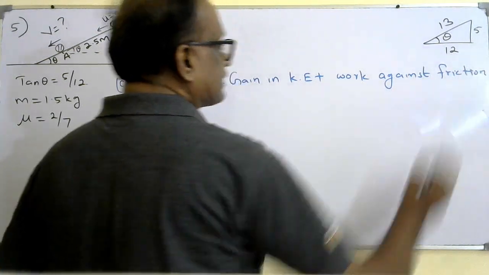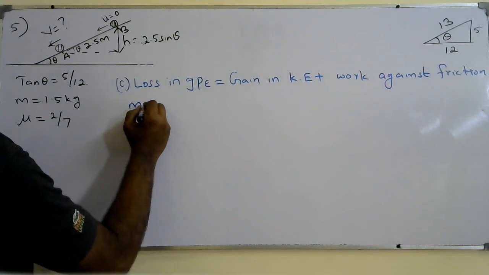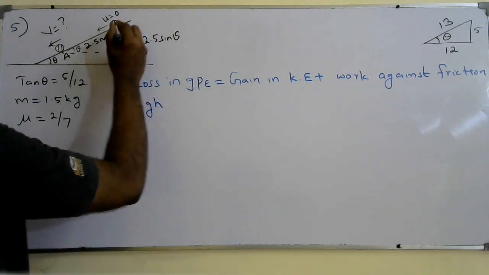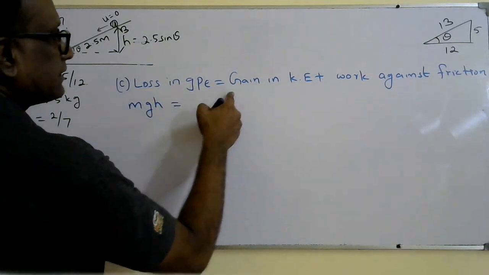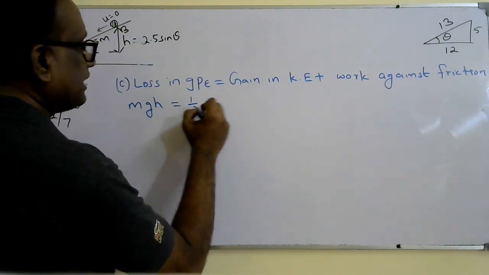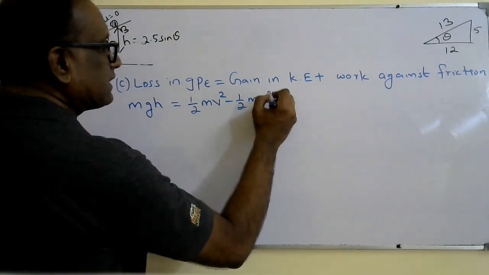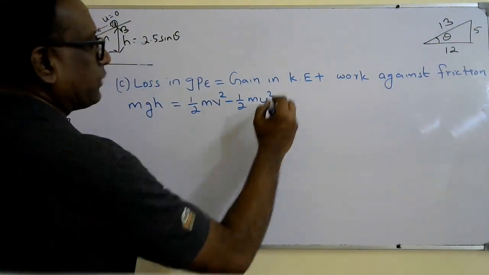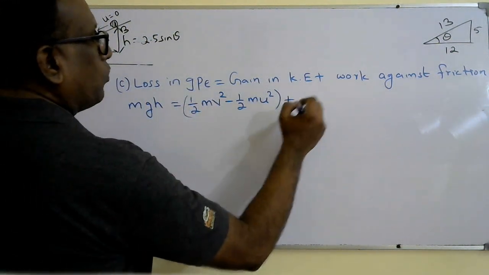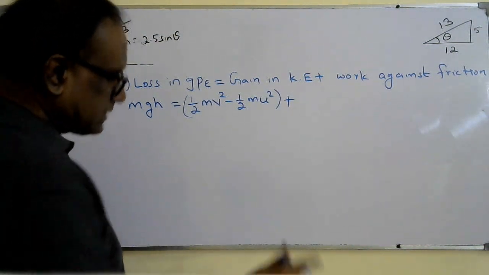The work against friction is the same answer as we got earlier, so I don't need to do it again. Loss in GP is mgh, the same height from B to A. So mgh equals gain in kinetic energy, which is half mv squared, final kinetic energy minus initial kinetic energy. Initial kinetic energy is 0, because it came to rest at B and is now moving down from rest. Work done against friction is the same as before, 9.69 joules.